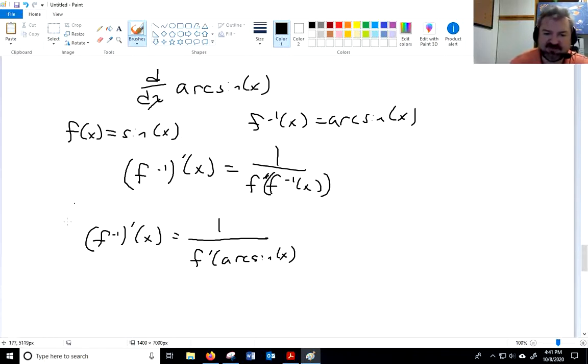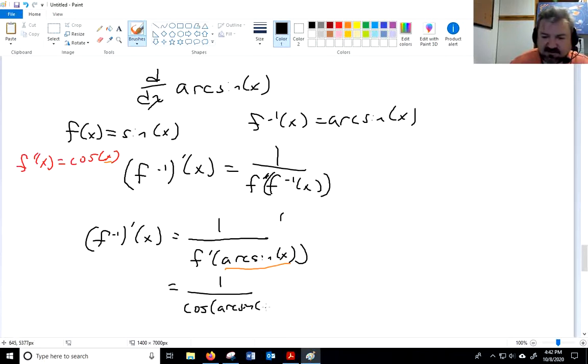Remember, we said f was sine of x, so that means that f prime is cosine of x. So if I have f prime of arcsine of x, this arcsine of x needs to go in for x here. So let's do that: 1 over the cosine of arcsine of x.